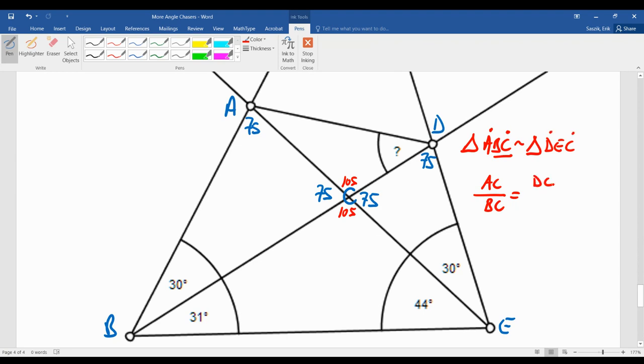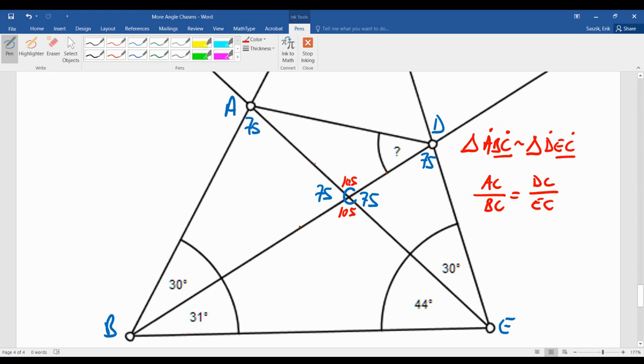DC is to EC. So take a look. We're saying that this is to this, as that DC is to EC. This is to this, as that is to that.